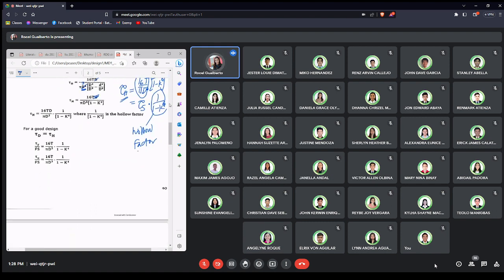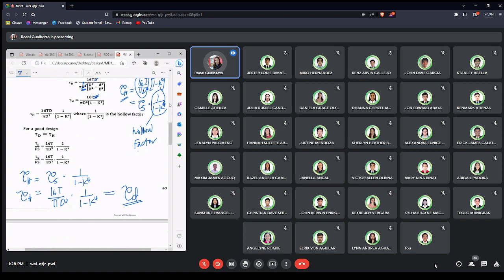Okay, so ibig sabihin, your tau for hollow would be equal to tau of solid multiplied by the hollow factor 1 over 1 minus K to the fourth. Okay, so this would be 16T over pi D cubed times 1 over 1 minus K to the fourth equal to your tau of hollow. At yan po ang i-equate natin to your design stress. Okay?